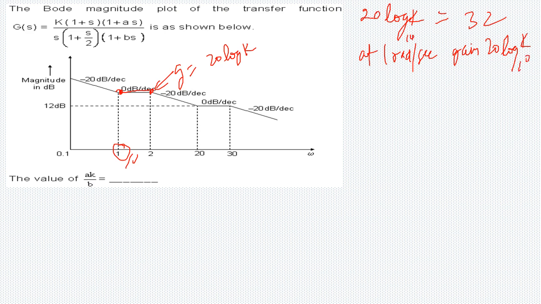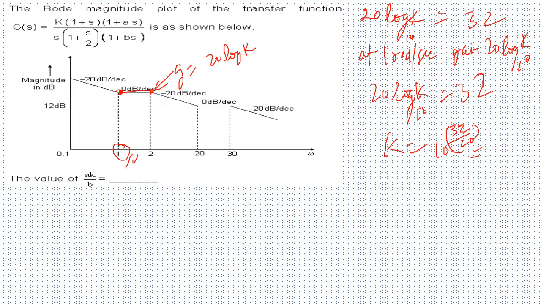Can we calculate K from here? Yes. 20 log K base 10 is equal to 32, so K will be 10 power 32 by 20, and this corresponds to 39.81. So this is the value of K.